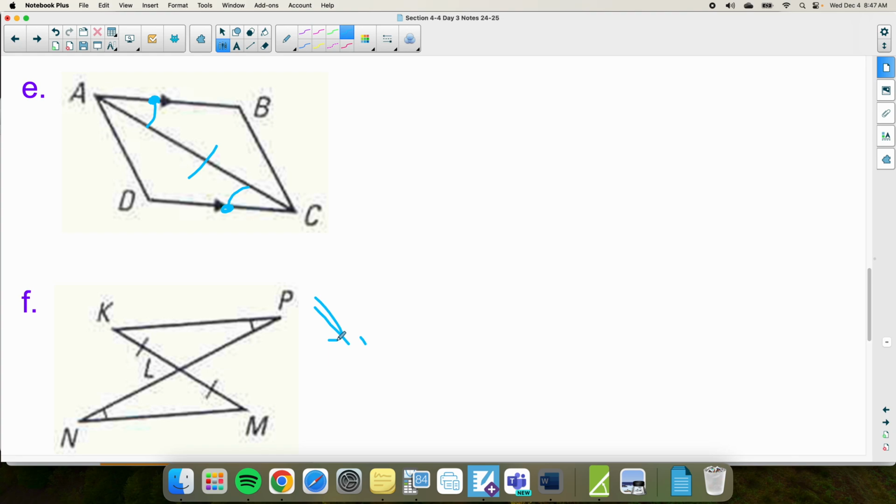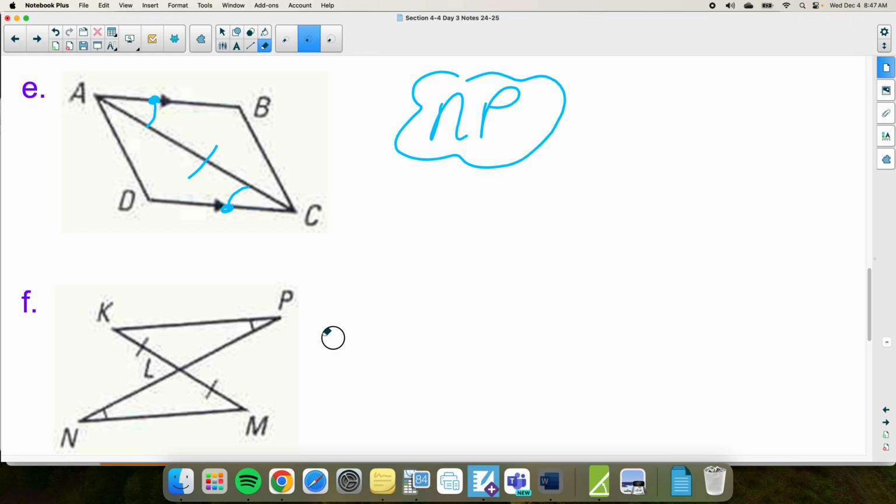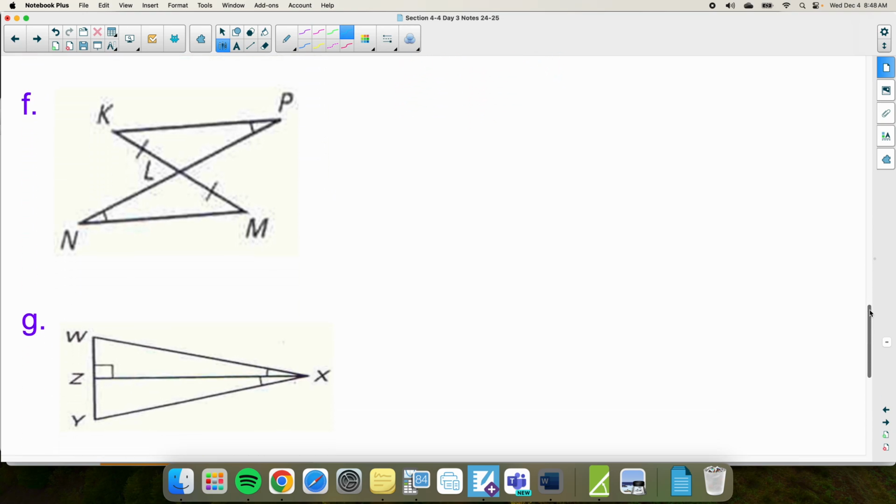Okay, so there's only 2 things, so then you would write not possible. Some kids would want to say on this one that this is angle, side, angle, but these 2 angles are in different triangles, so you can't do that. For it to be angle, side, angle, it would have to be that angle right there.